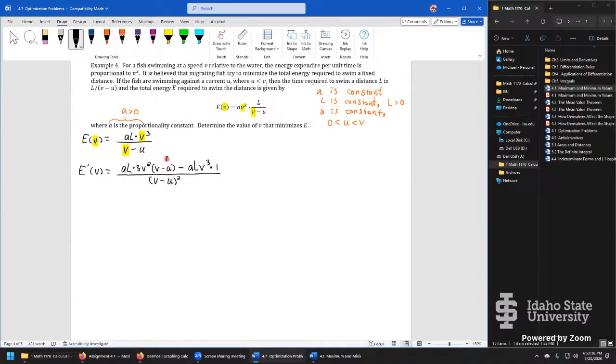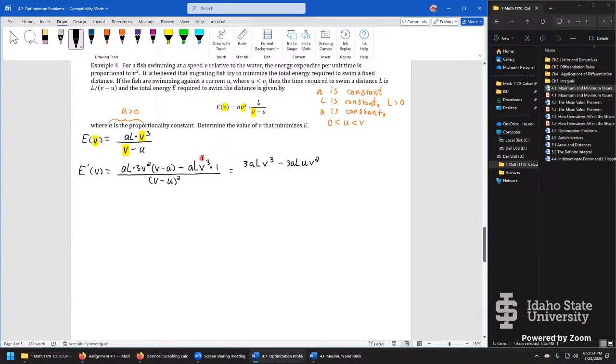Okay, next thing we always want to do is simplify that numerator as much as possible. So that would amount to distributing A L 3 times V squared into the group to the right. I'm going to reorganize the constants as 3 A L, then it's going to be V squared times V, so V cubed. Next, it's going to multiply negative U, so it's going to be minus 3 A L, I'll put U in front because it's a constant, times V squared.